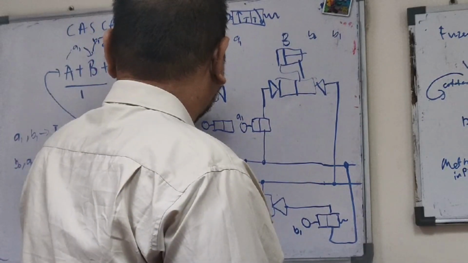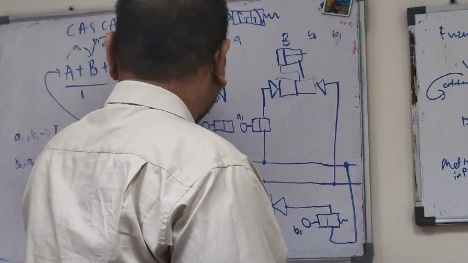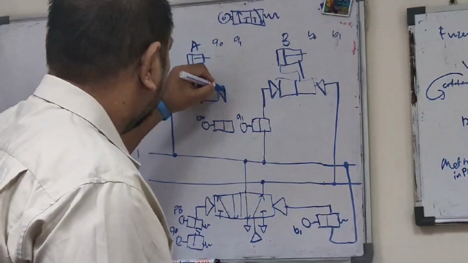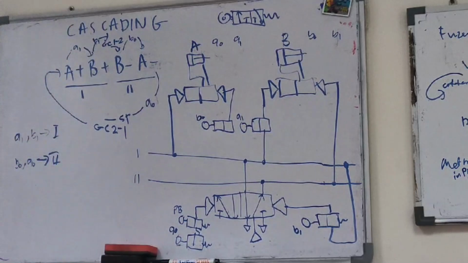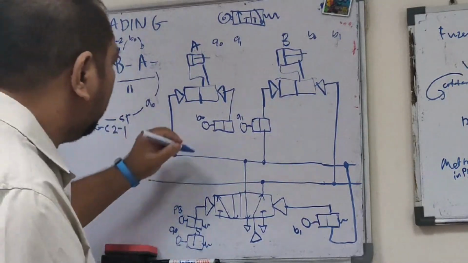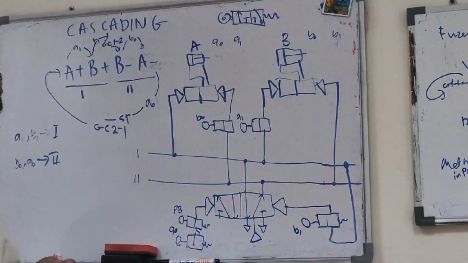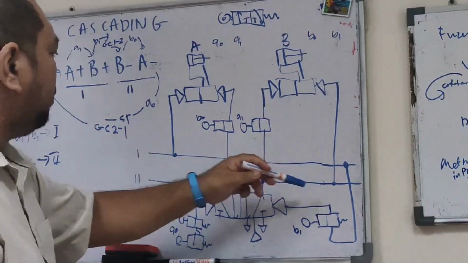So this will be B0. So B0 will cause the retraction of A, and the retraction of A is powered by group 2.